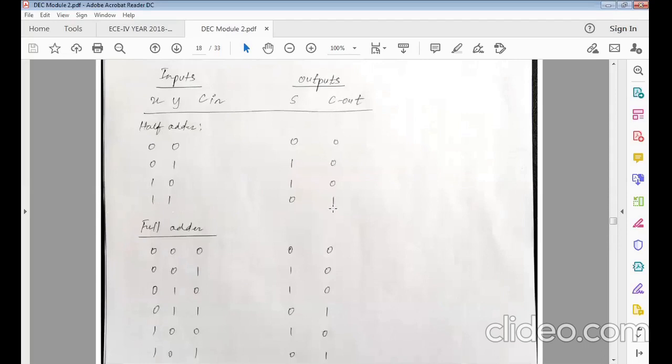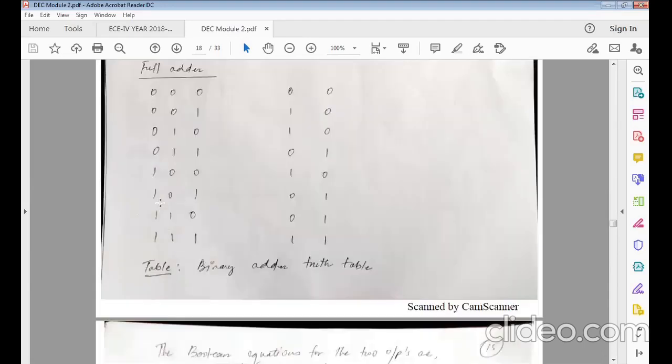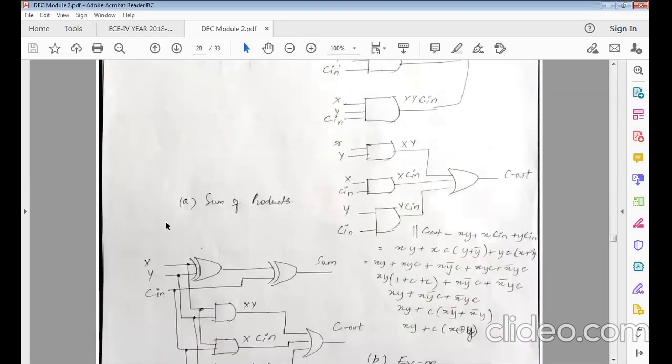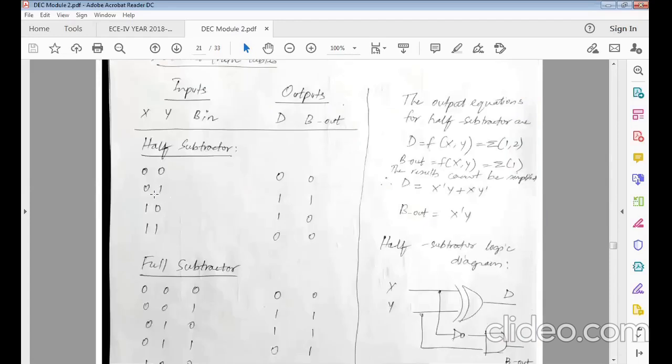C out, carry out, is going to the next level. Similarly, this happens for adding, and that happens for subtracting. Here, since it's a negative 1, 0 minus 1 gives 1, and that minus is actually taken as borrow. Understood?